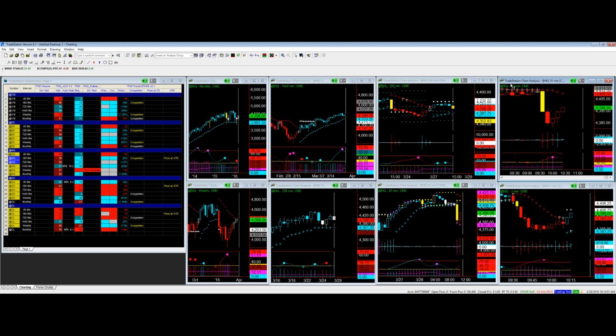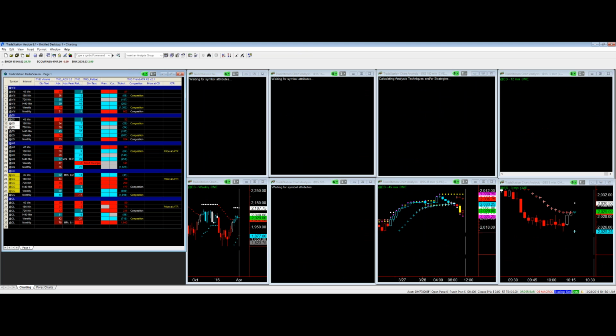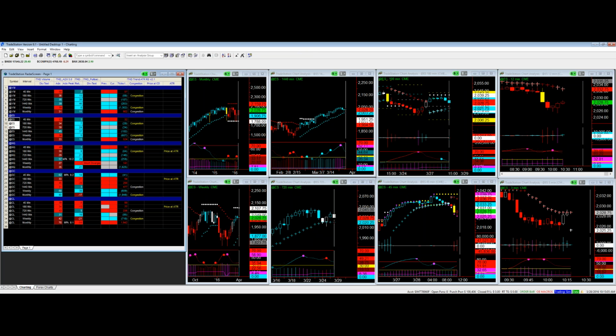Same pattern that you're seeing over on the 12 minute. It should retrace back to this ATR. Let's see what the ES is doing. Yes, same pattern.